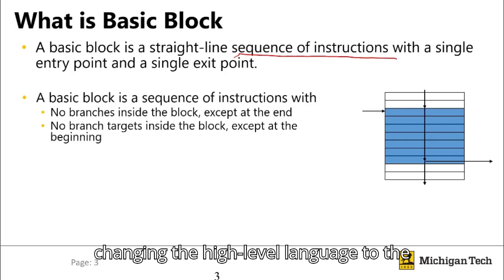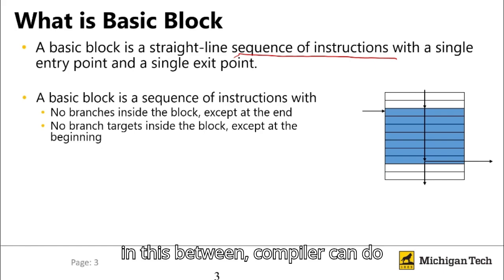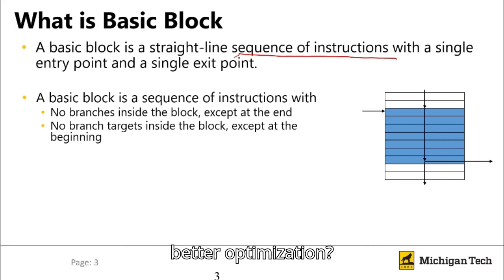The compiler changes the high-level language to assembly language. So why, if there is no jump in between, can the compiler do better optimization? What does optimization mean? Optimization means to break this part down to the lowest assembly instructions, to be faster.